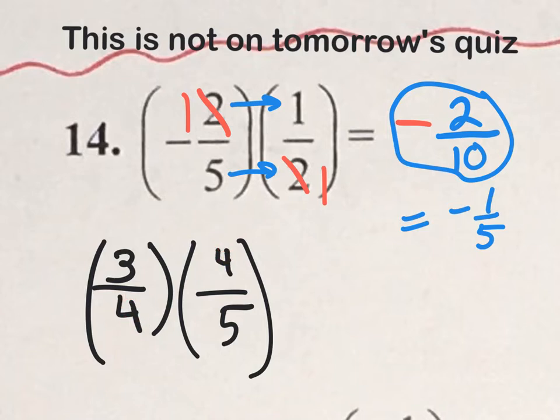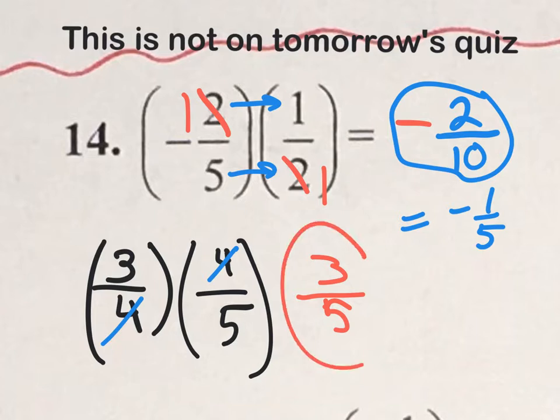So the easiest thing to do is just cancel 4 and 4, because 4 divided by 4 is 1, right? So what do we really have? What do we have left over on top? You have 3, and there's nothing left, so it's like 3 times 1. That's just going to be a 3 up here. And down here, well, you have that canceled. That's just like a 1. 1 times 5, it's going to be a 5 down there. So 3/5 is your answer, right?